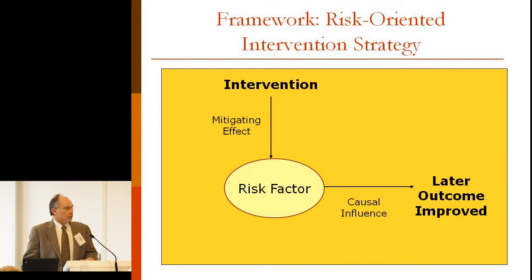That's a risk-oriented intervention strategy that's implicit in a lot of our programs. We have risk factors or maybe proximal outcomes that are the immediate targets of intervention that are expected to lead to the later outcomes or predictive of those later outcomes. So having some idea of what those proximal outcomes or risk factors are is helpful in shaping evidence-informed programs because they give us targets.